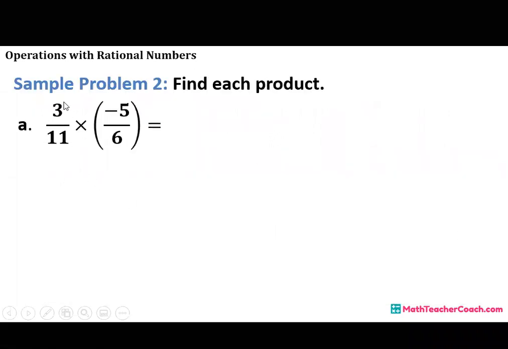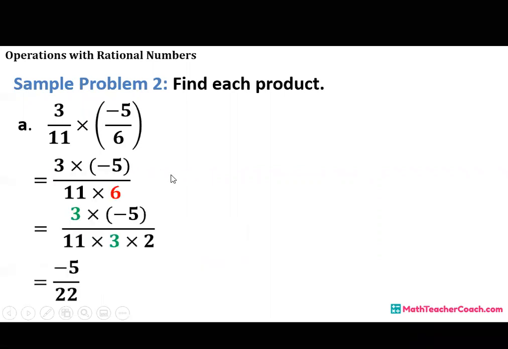When we have 3 out of 11 times negative 5 over 6, we have different methods to solve this question. First, we multiply 3 times negative 5, and below I have 11 times 6.